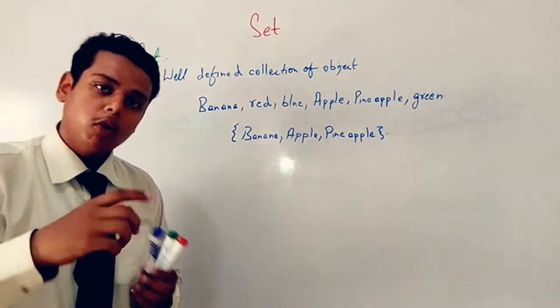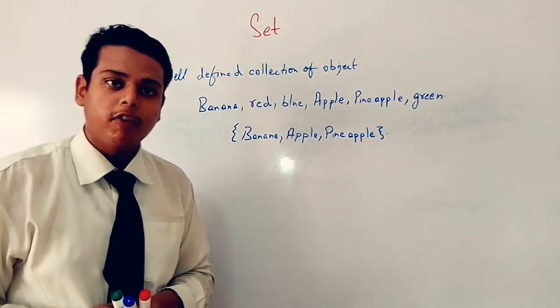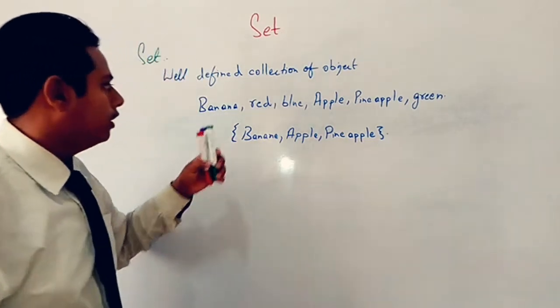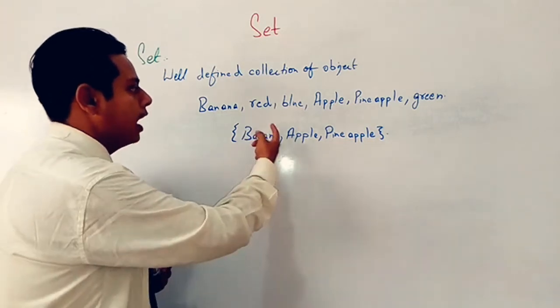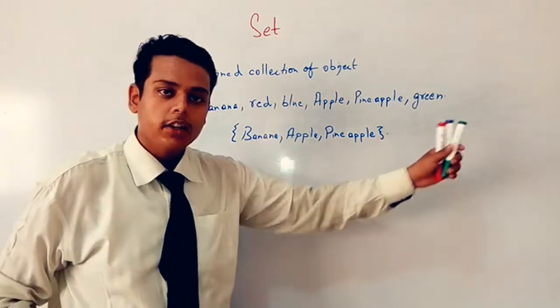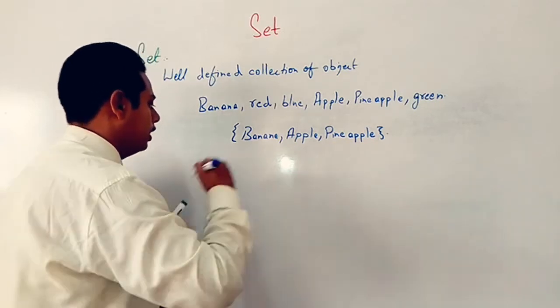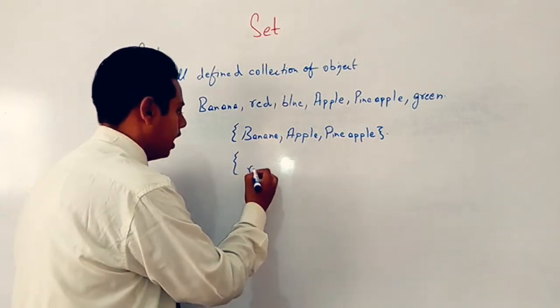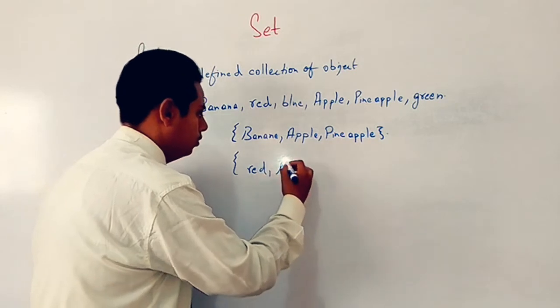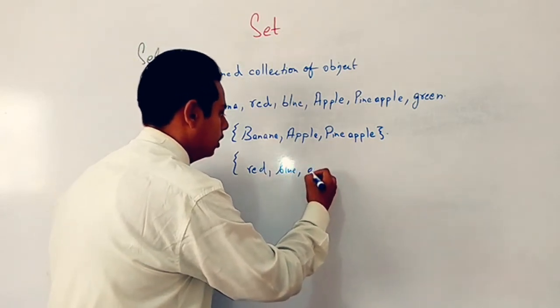Fine. And one more group is also there. Means group of the colors. Which color we are having over there? Red, blue, and green. So I am separating out these colors in a different group: red, blue and green.